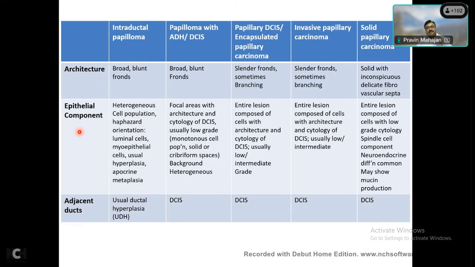What you have to remember in the architecture is that the lesions towards the benign spectrum, like intraductal papilloma and the papilloma which has a focal area of atypical ductal hyperplasia or DCIS, will have papillae which are very broad or blunt. When you move towards the pre-malignant or malignant papillary lesions, you start to see that these papillae become slender and thin, and they can start showing a complex branching as well.